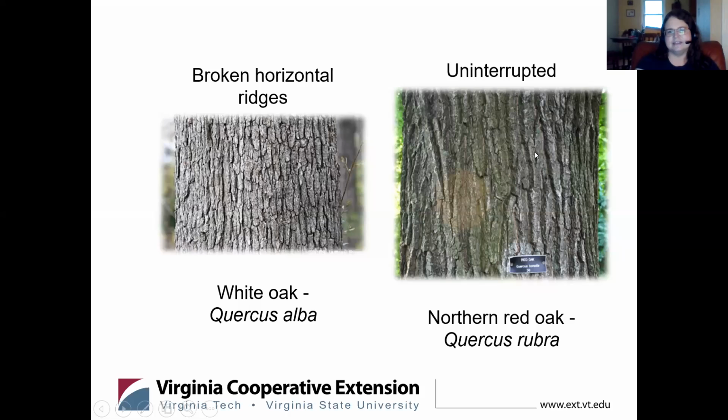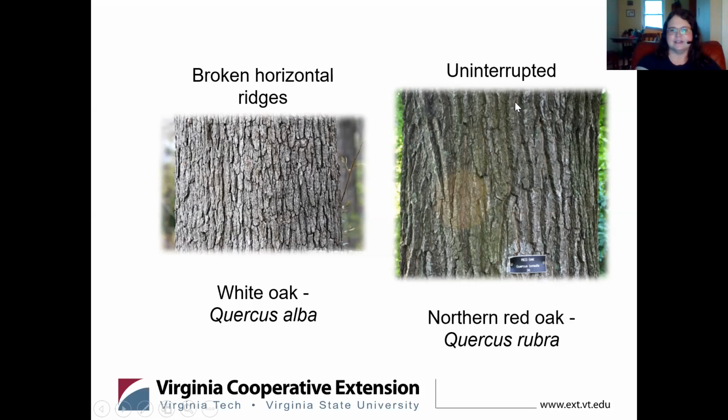Northern red oak really shows the furrows nicely. Where my cursor is, up and down, you can see the furrow pretty much unintersected all the way down in this picture. This indentation, this valley, is the furrow going down.